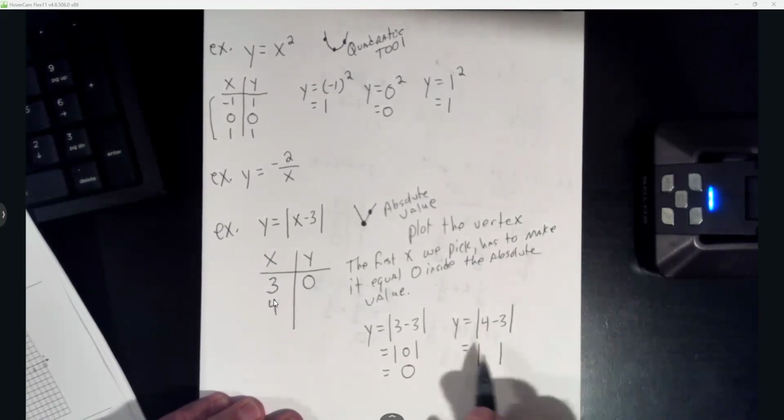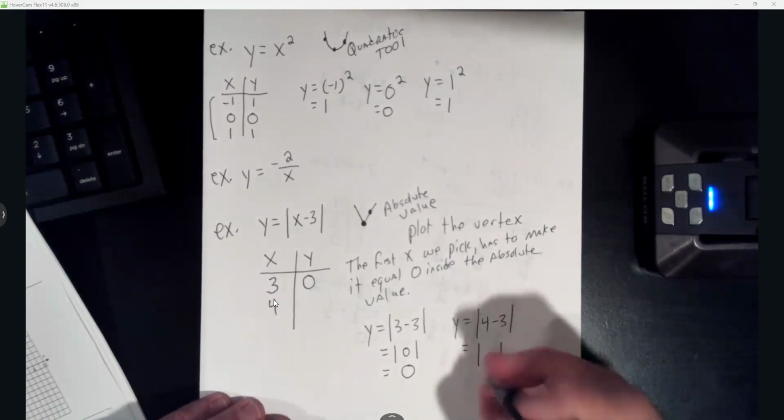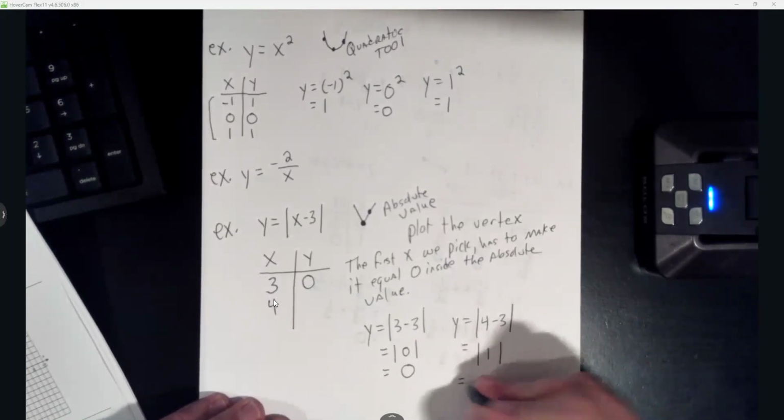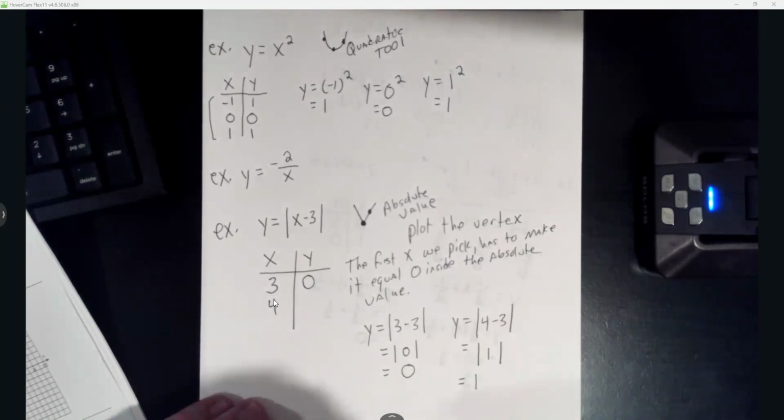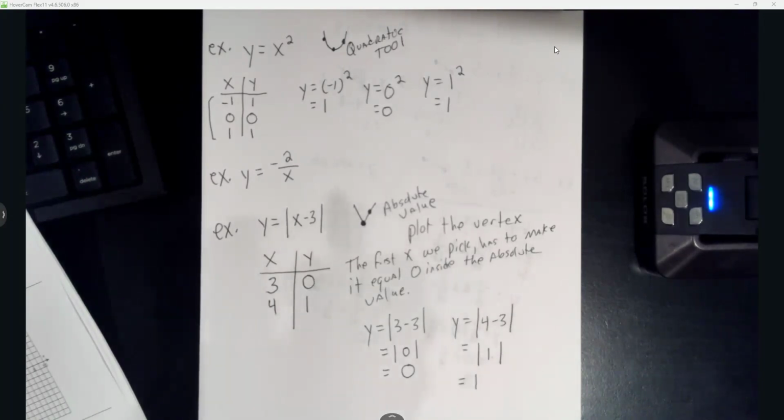All right, working inside the absolute value, 4 minus 3 is 1. And the absolute value of 1 is 1. Okay? All right, so there's your 2 points. So let's see. Let's do the calculator real quick, and then we'll knock out the math lab.